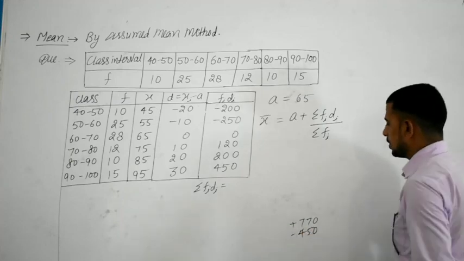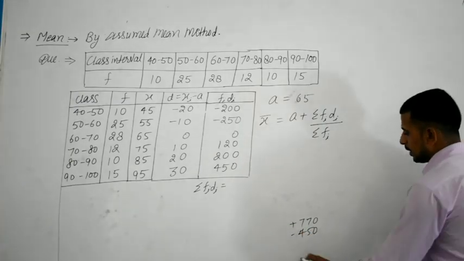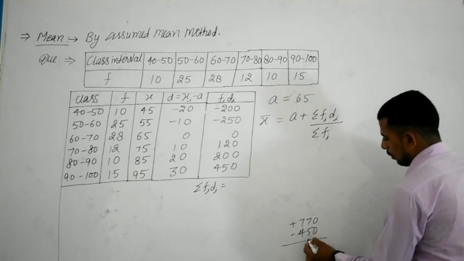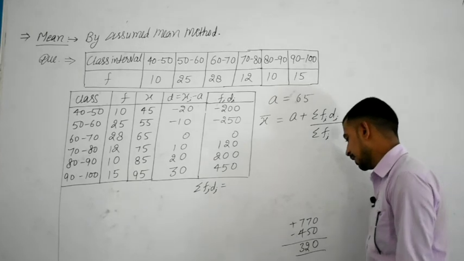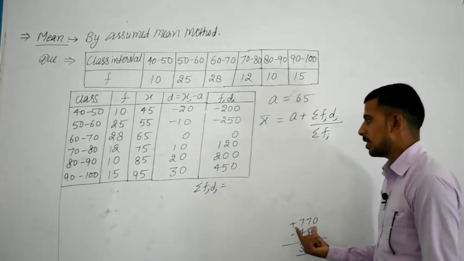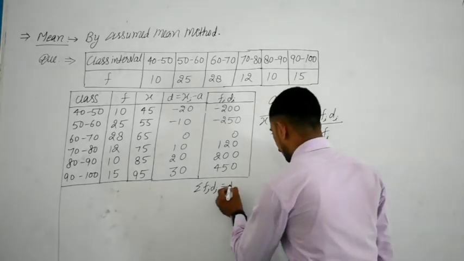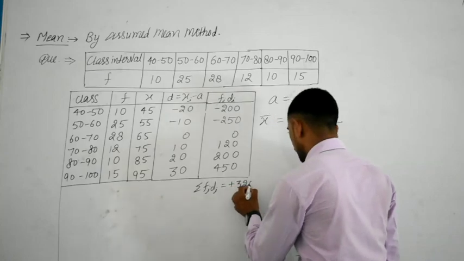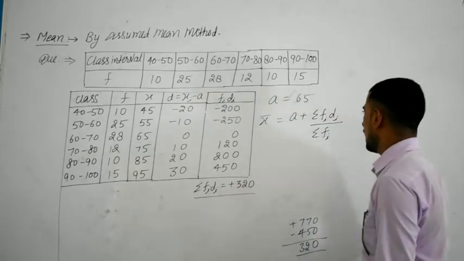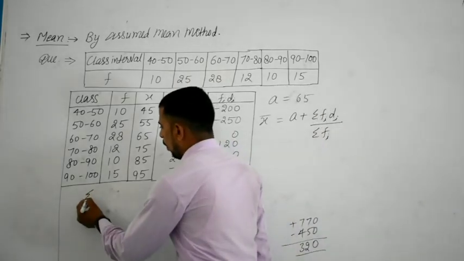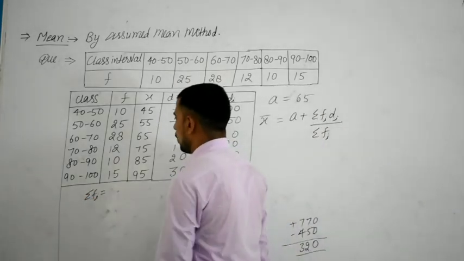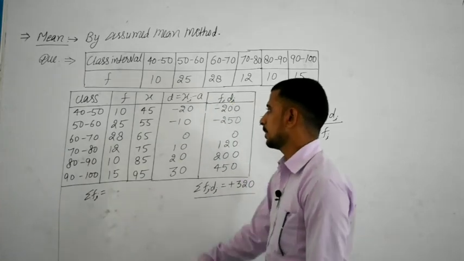One value is positive and another is negative, so take the difference: 320. The bigger number is positive, so plus 320.